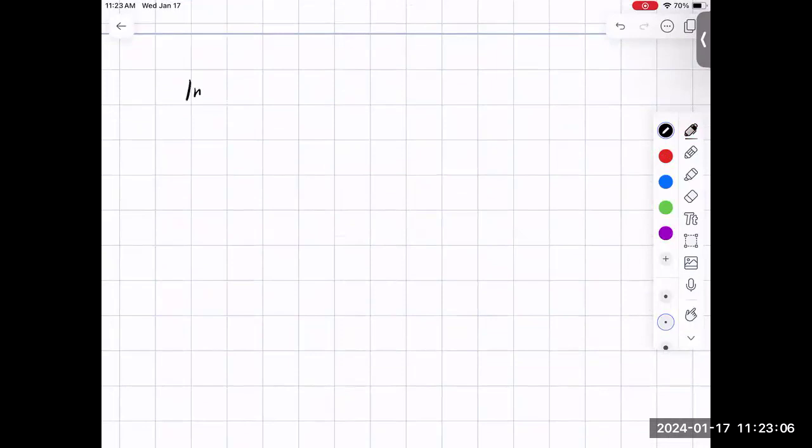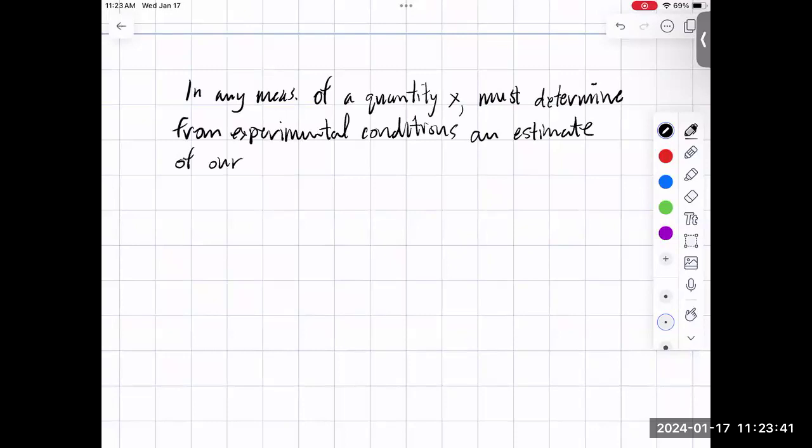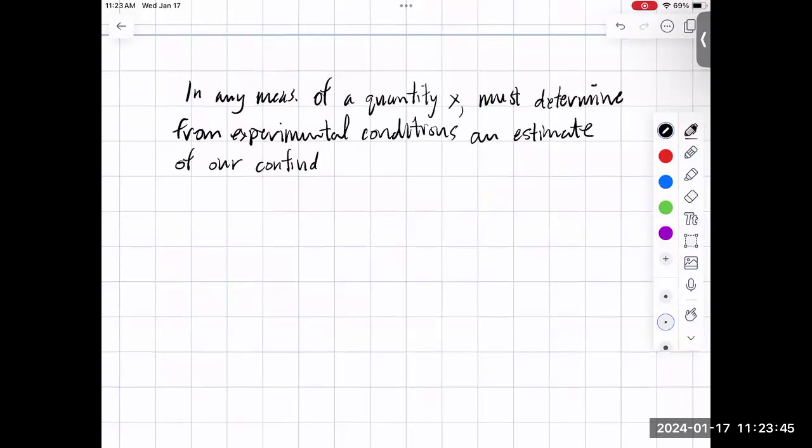So in any measurement of a quantity X, we must determine from the experimental conditions an estimate of our confidence in the measured value.